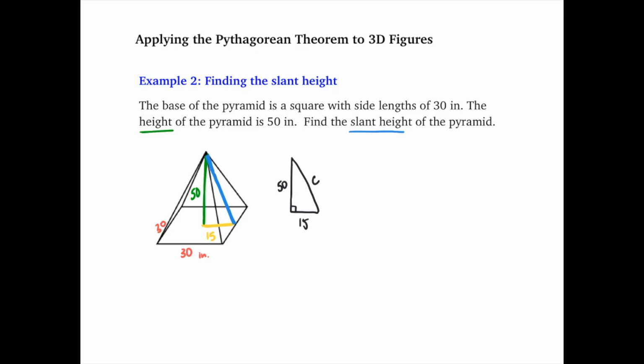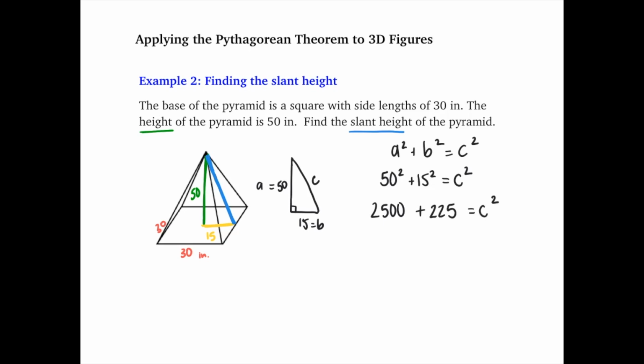You can call 50 and 15 either a or b; you can mix those two up however you want. So a squared plus b squared equals c squared. Let's say 50 is a and 15 is b. I start by plugging those in: 50 squared plus 15 squared equals c squared, and c would be my slant height, which I don't know yet. 50 squared gives me 2,500, and 15 squared gets me 225.